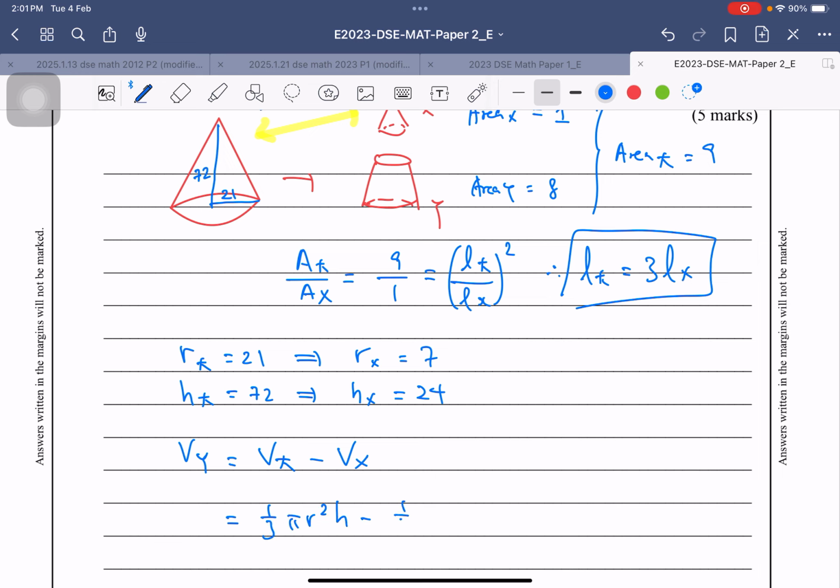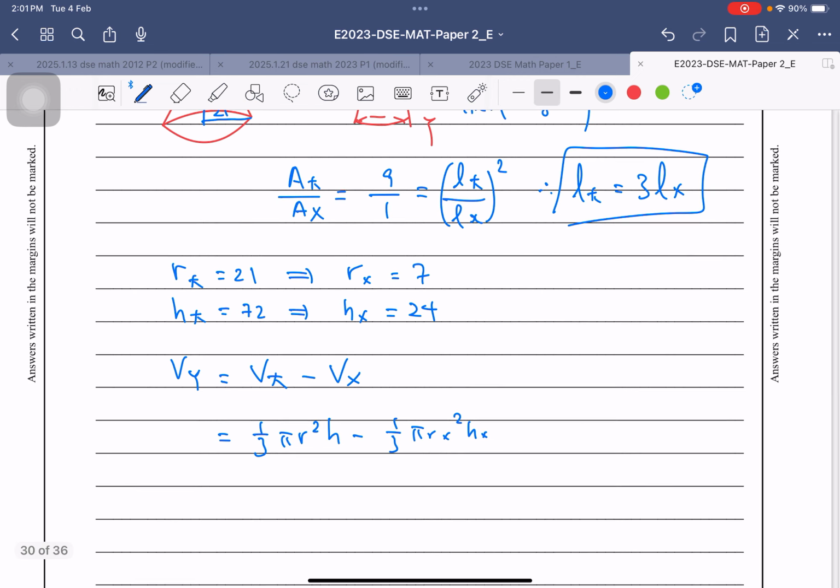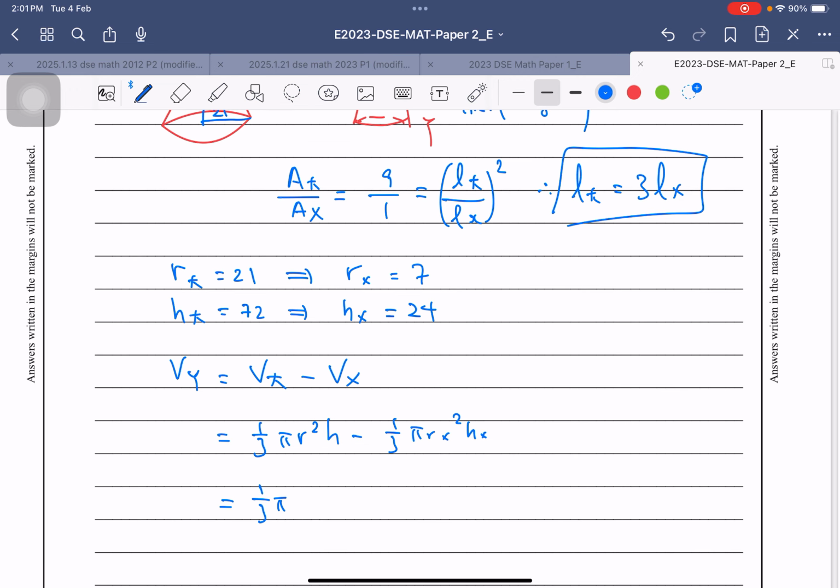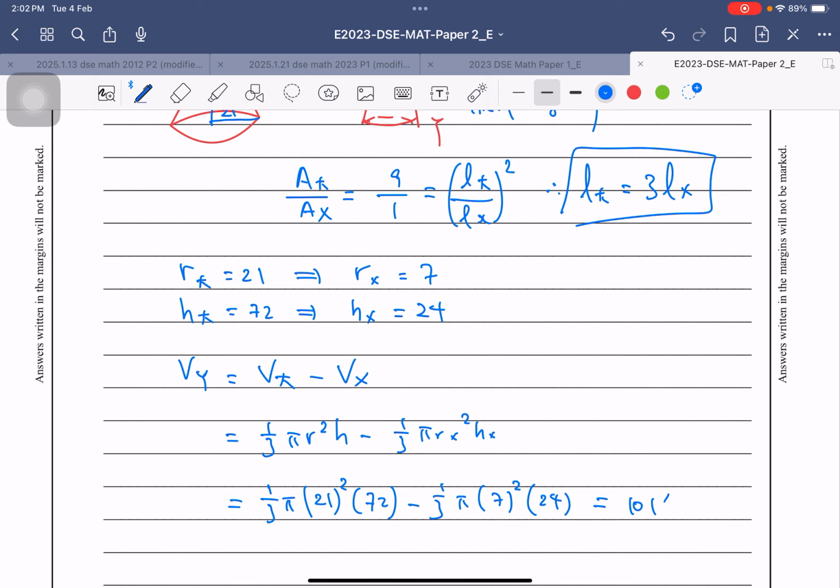So minus 1 over 3 pi r_X squared h_X. So the radius of the big one is 21 squared times the height, which is 72, minus 1 over 3 pi, the small one is 7 squared times 24. So the answer is equal to 10192 pi.